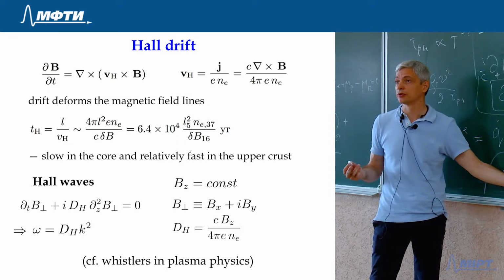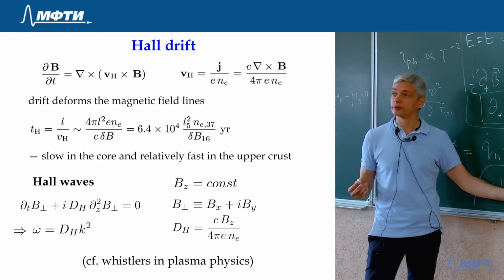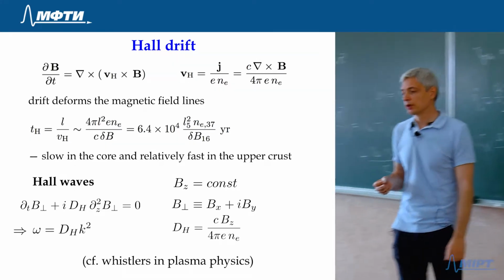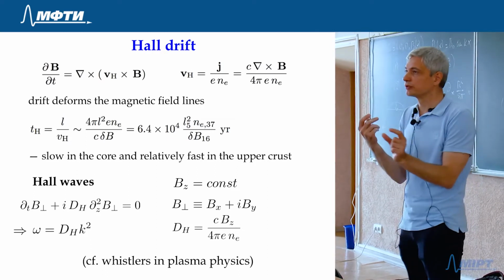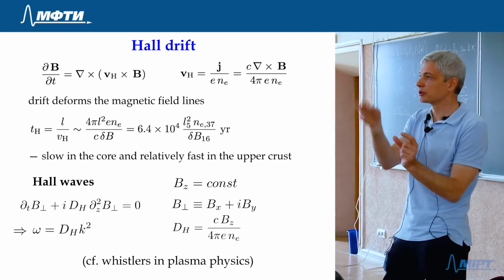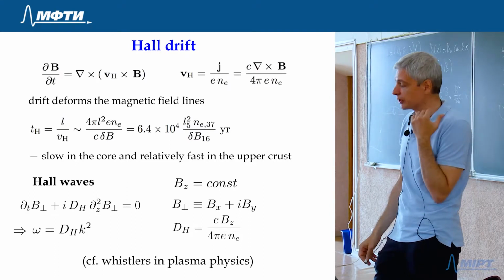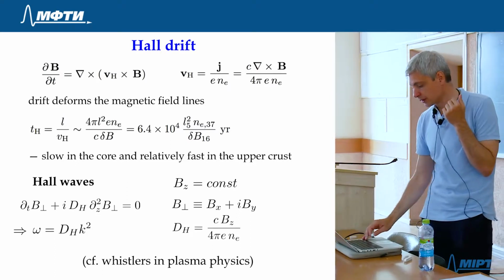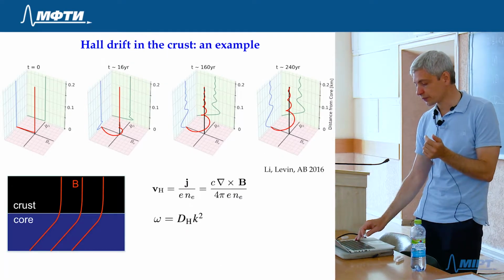So the phase speed of the wave is proportional to k. Also, the group speed of the wave is proportional to k. So that means high k waves propagate faster, and then you first receive the high pitch signal, and then it's whistling. So the same thing is happening with the Hall waves, just a different name for essentially the same wave.